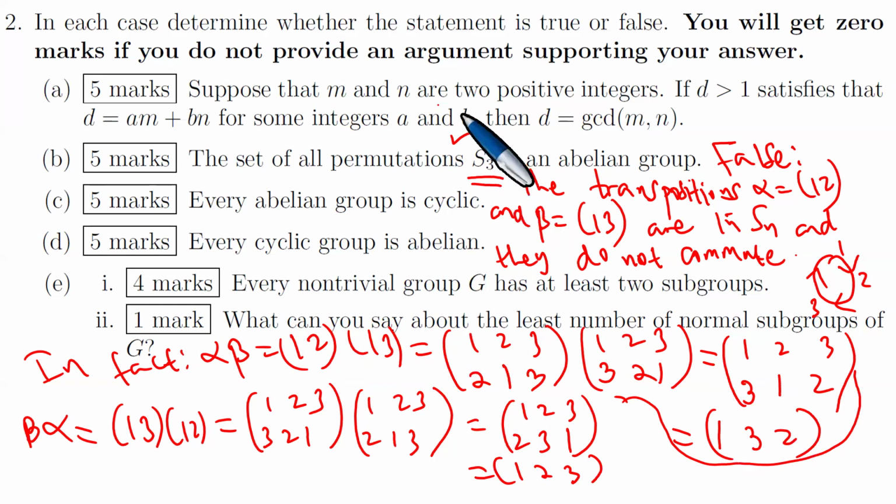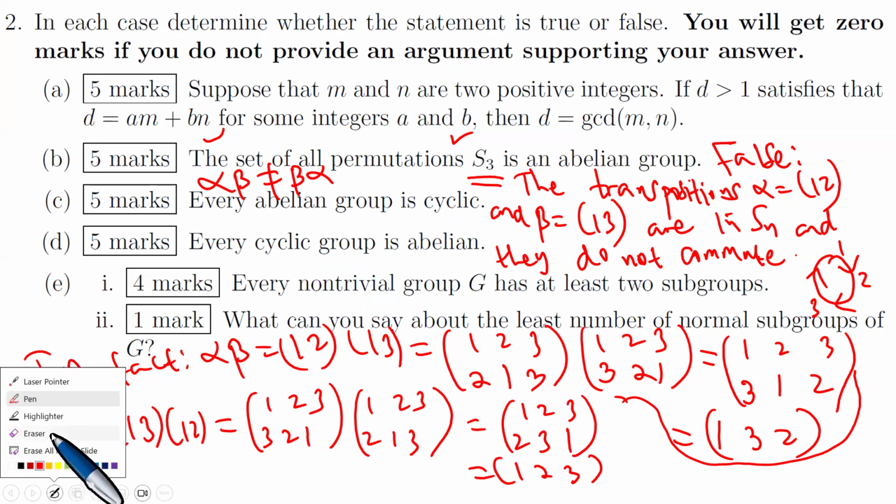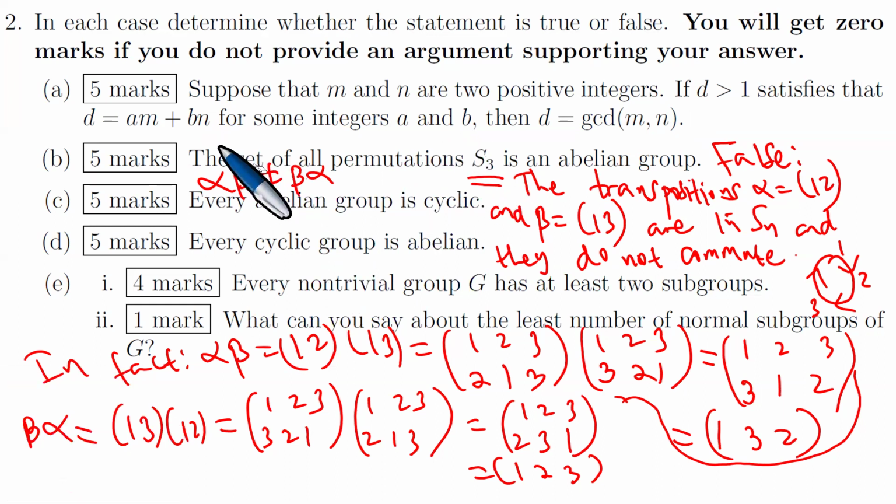We're discussing this. The set of all permutations S3 is not an abelian group. It is clear that alpha beta is different from beta alpha. This observation is adequate to say that S3 is not abelian.